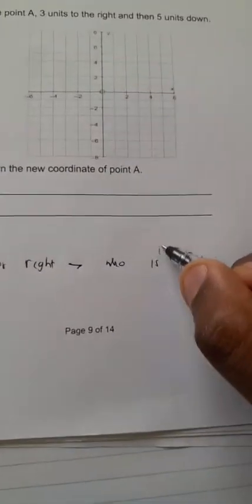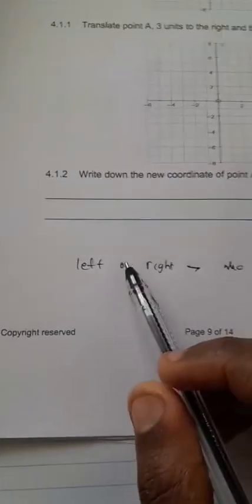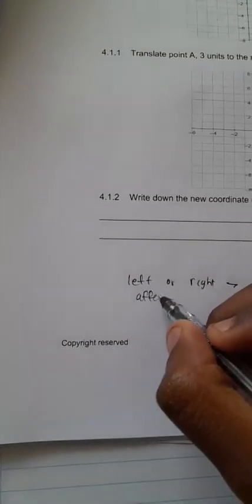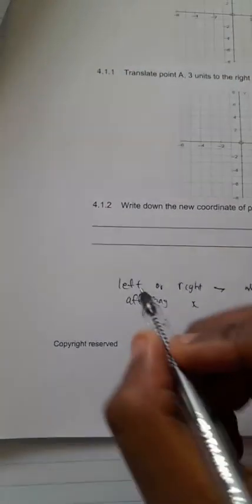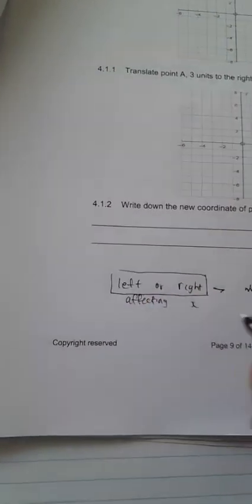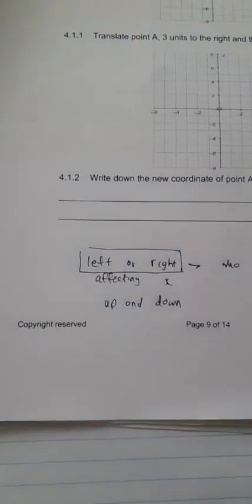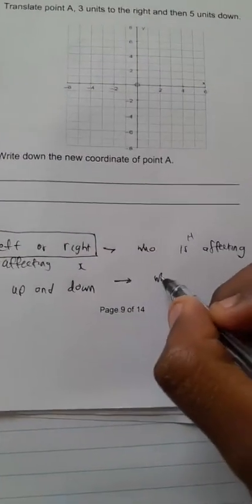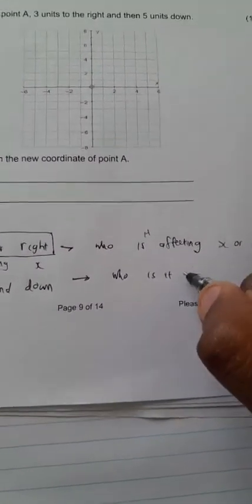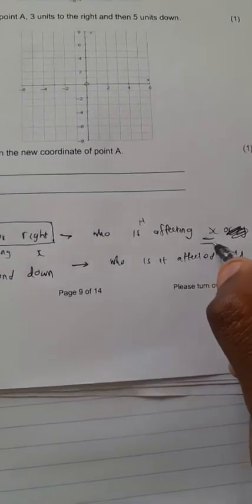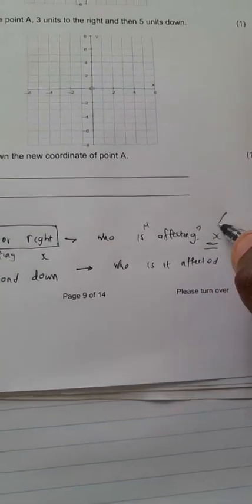The left and right movement is affecting X. Okay, so hopefully we get that. Left or right movement affects X. Up and down movement affects who? Y is affected, right? Okay. So that is the question. This is the answer.